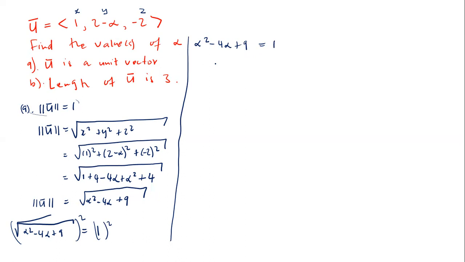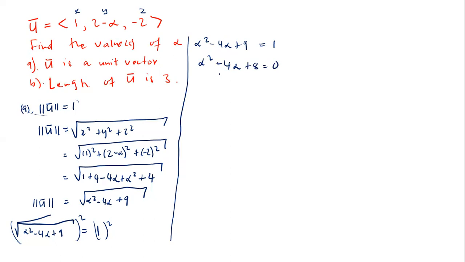If I transpose 1 to the other side, I have alpha squared minus 4 alpha plus 8, which is equal to 0.